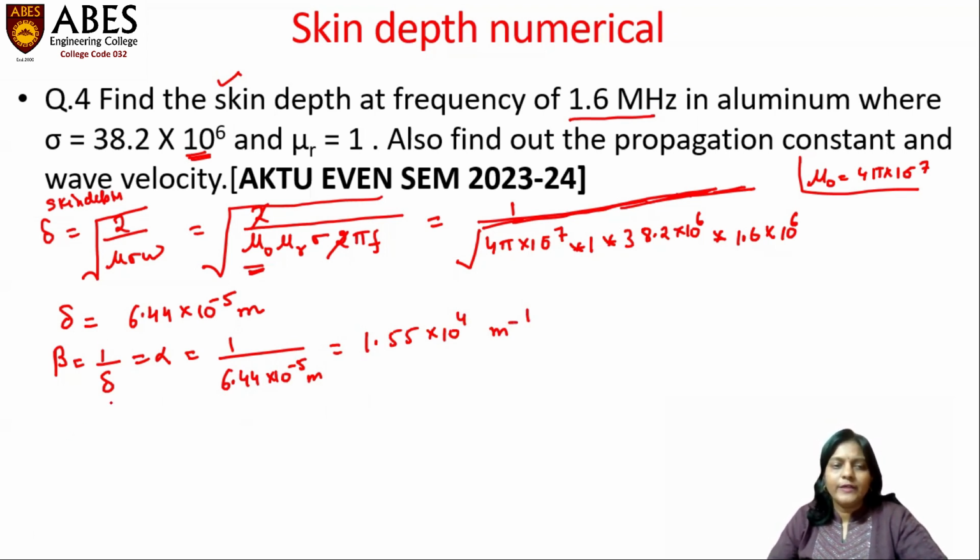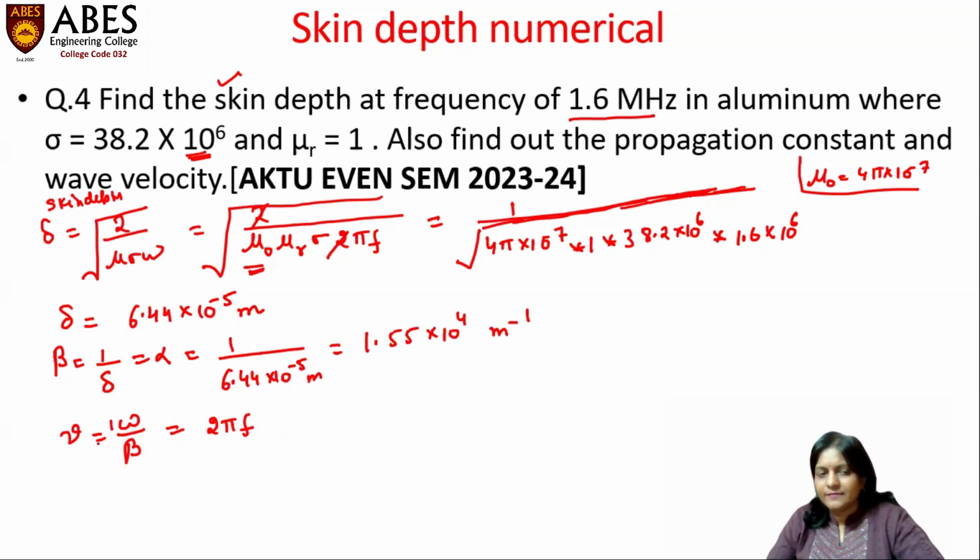Now we will calculate the wave velocity. Wave velocity, or the phase velocity, can be given as velocity v equal to omega by beta or omega by alpha. So omega is 2 pi f and 1 by beta is the skin depth delta.